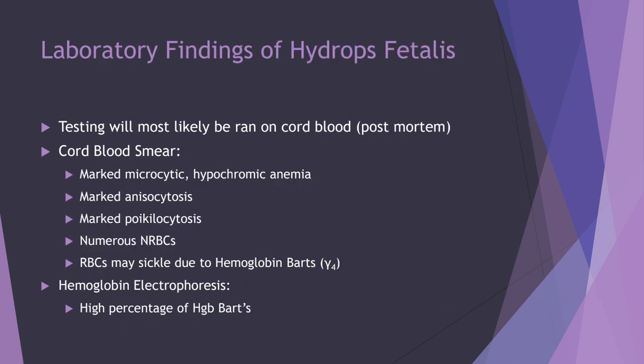So laboratory findings, testing is done on cord blood, and it's usually post-mortem. So after baby has died, you're going to see those microcytic hypochromic red cells, aniso and poikilocytosis, nucleated red blood cells.